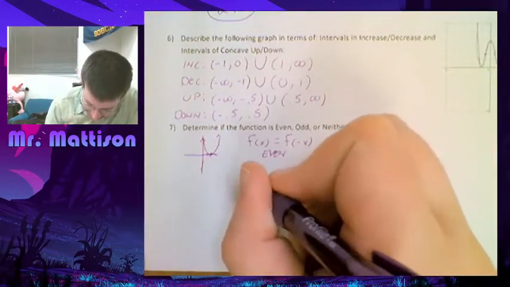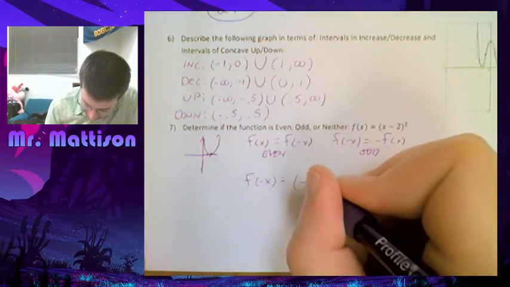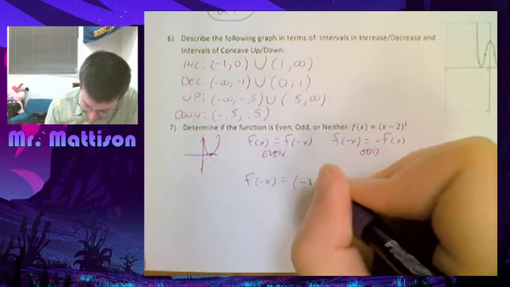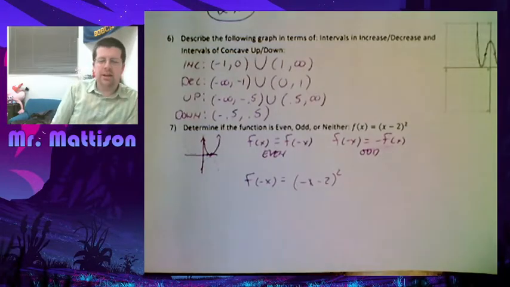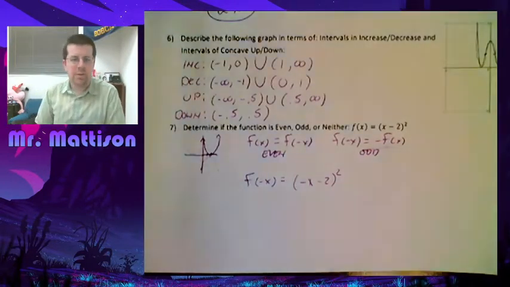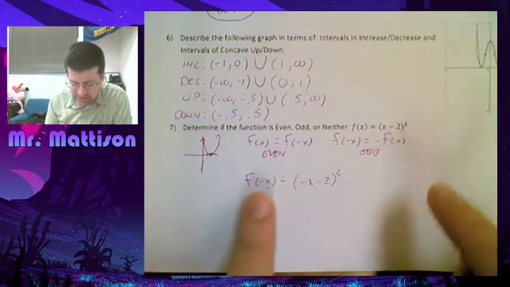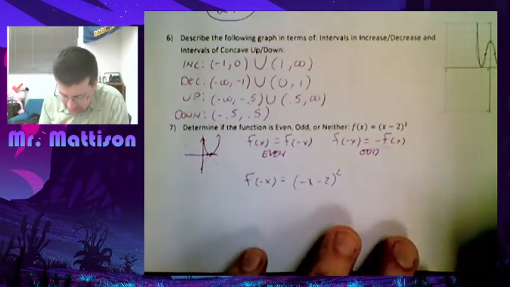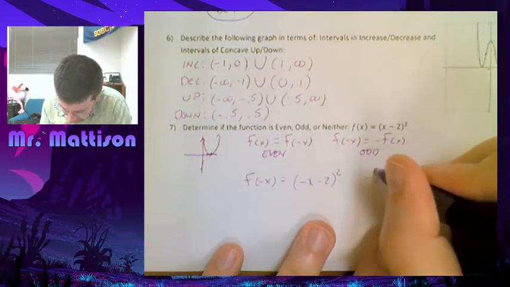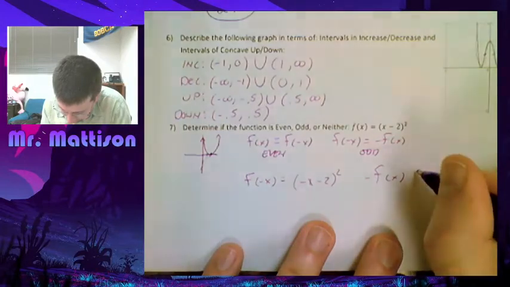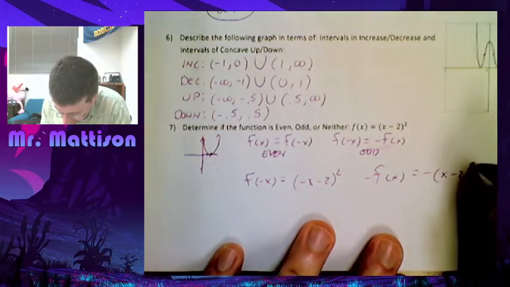So f of negative x is equal to negative x minus 2, squared. I could multiply that out, but I know that this is going to give me a different answer than this would, so they're not equivalent there. And then I also would do negative f of x, that would be negative and then x minus 2 squared.